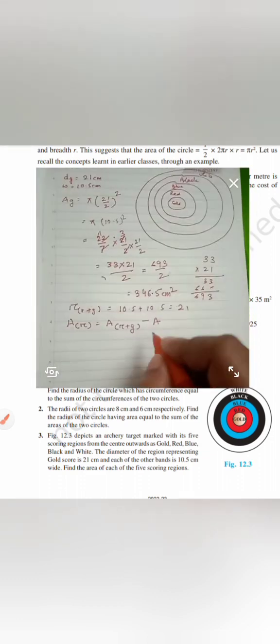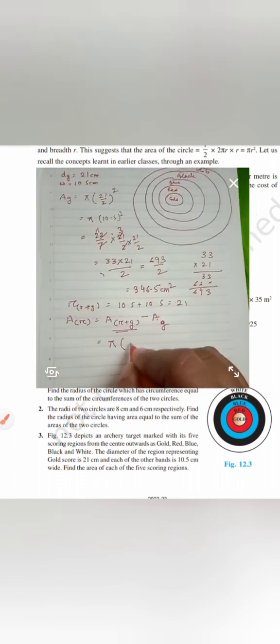right? So what is your area of the red portion, which will be area of red plus gold minus area of gold, sorry, red plus gold minus area of gold. So what is area of red plus gold? I will have pi, and here I will have 21 the whole square.